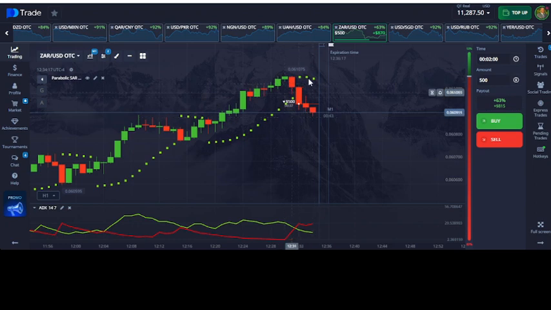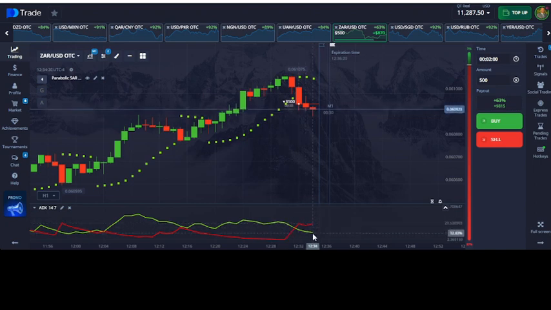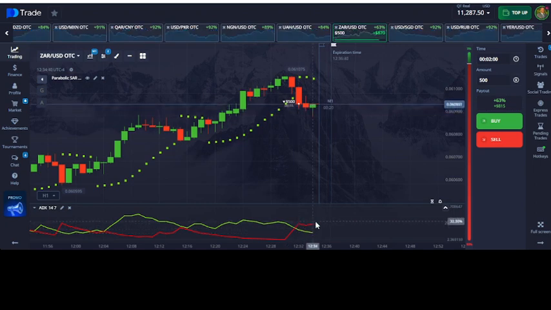Like I mentioned, the Parabolic SAR dots began to print above the candles here, and then we're seeing the minus DI, the red line, crossing above the plus DI line, and that tells us that the bears have taken over. So let's wait for the expiration.